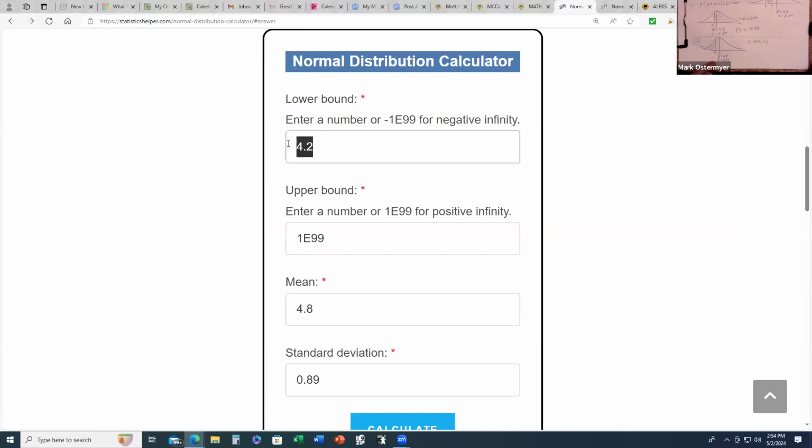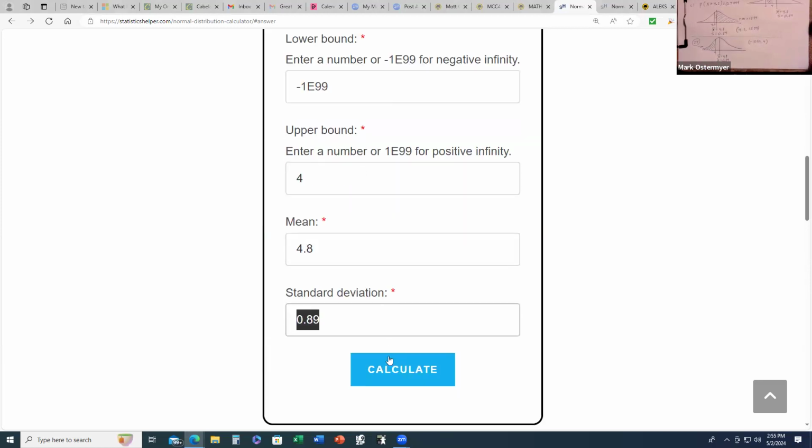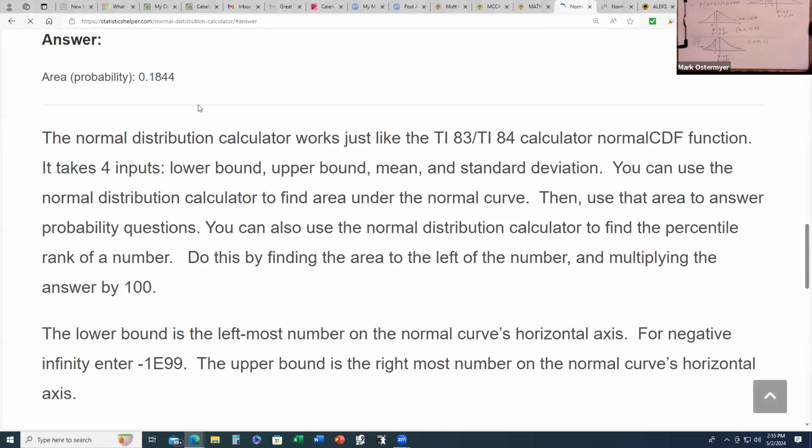All right, the lower bound is negative 1e99. The upper bound is 4. Mean is 4.8. Standard deviation is 0.89. And now we just calculate here, and we find that it's 0.1844. That's the area.